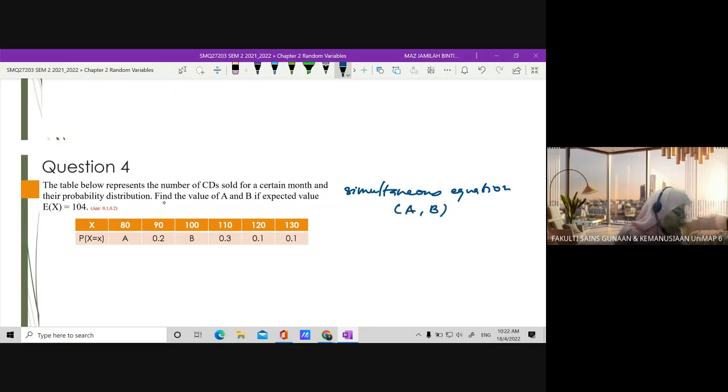So how to find A? By applying the expected value of X given as 104. So here, you can try it.